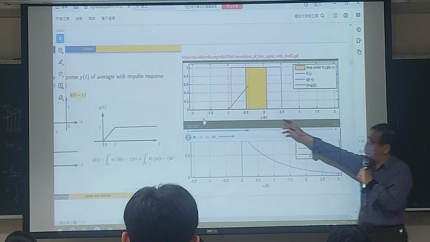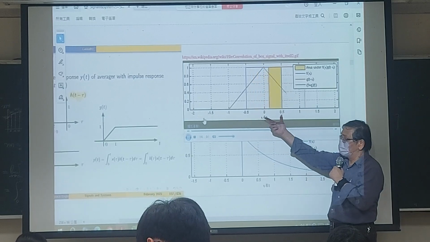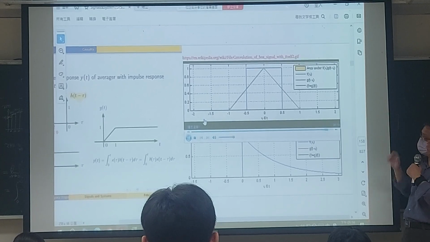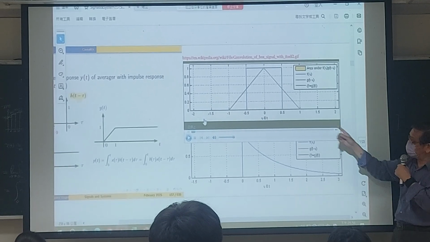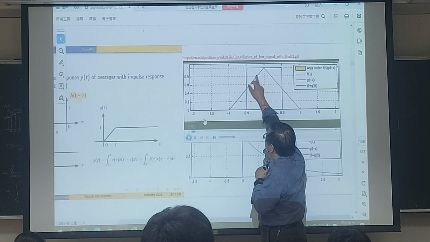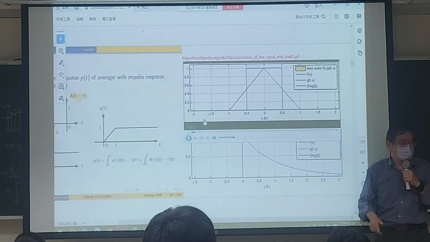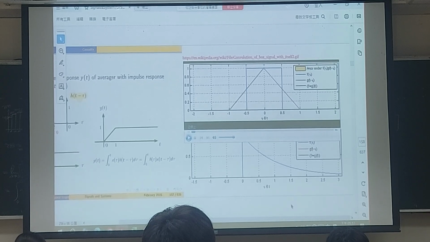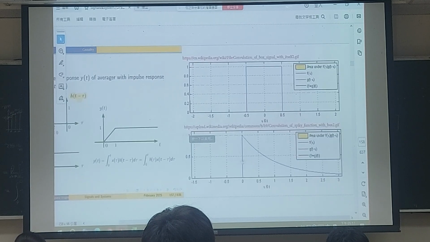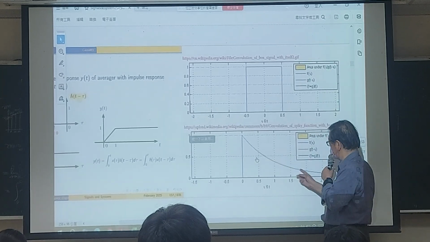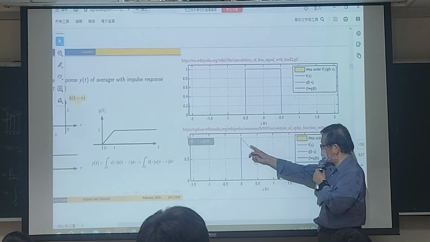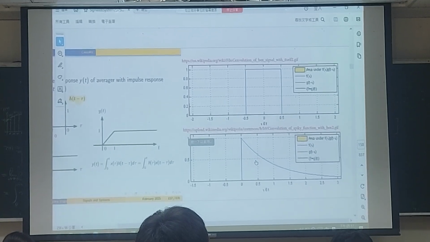This is the impulse response. You shift the impulse response to the right, and then compute the area under the product of the two functions. Then you can have this output signal. Also, if you change the impulse response... no, this is the input signal, I'm sorry. This is the input signal for this one. Let's see what happens.